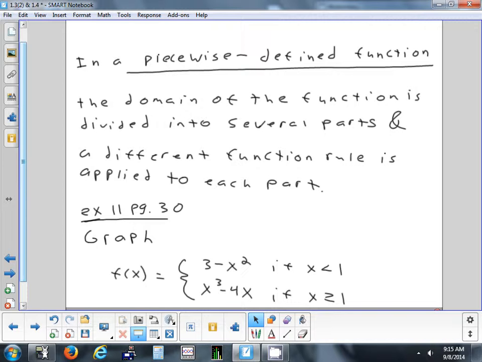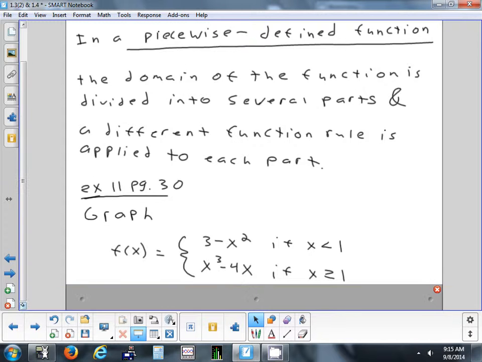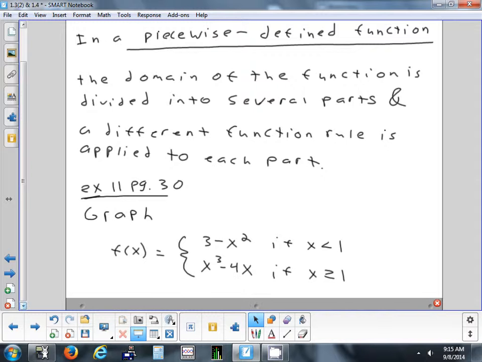But if I give you an x that's greater than or equal to 1, I want you to use a different formula to find y. And the picture is going to be partially a parabola and partially a cubic function, kind of put together. Okay, and I'll show you how we type that in.